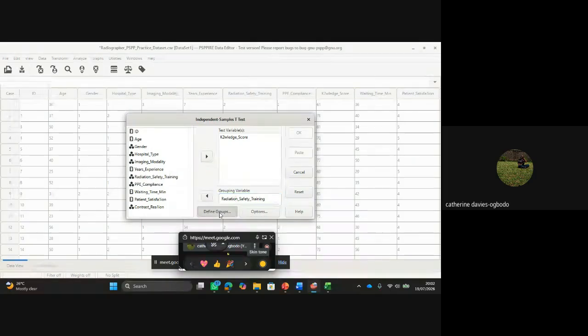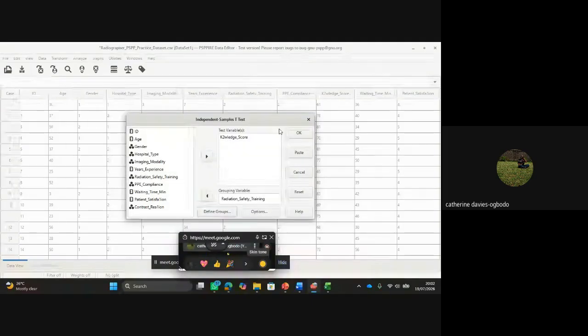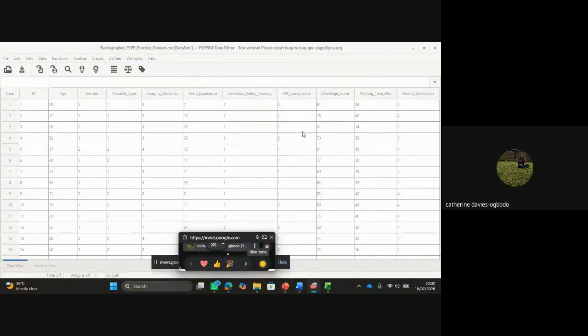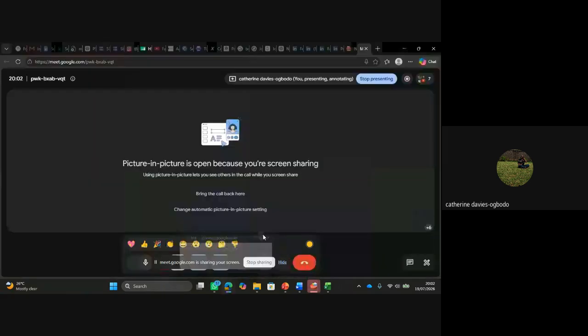Maybe I really do have to define the groups. Okay, let me define the groups. Group 1 value is yes, and group 2 is no. Okay, so now it accepts me. Okay, so it says okay.